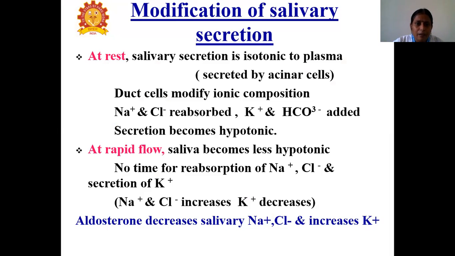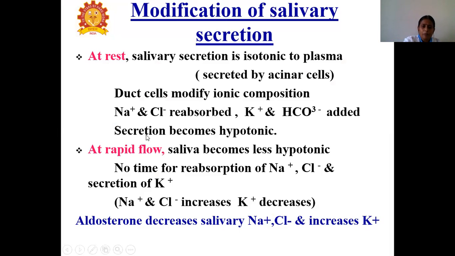At rest, salivary secretion is isotonic to plasma when secreted by the acinar cells. Ductal cells modify the ionic composition: sodium and chloride are reabsorbed, potassium and bicarbonate are secreted.